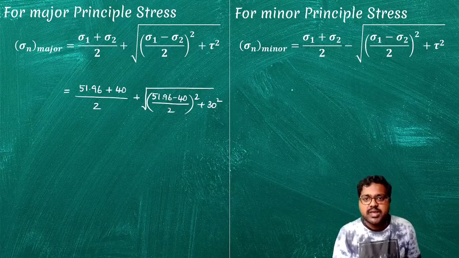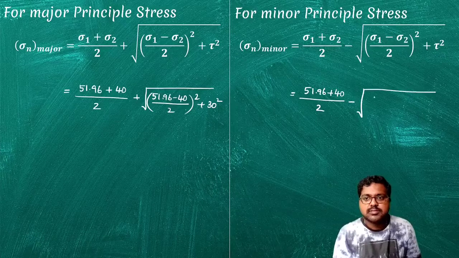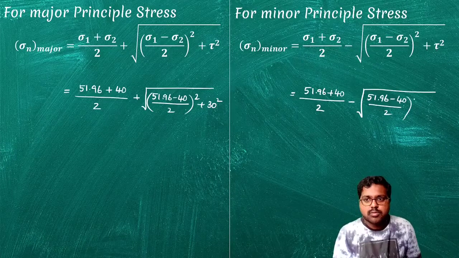In the same way, sigma n minor equals 51.96 plus 40 by 2 minus under the root of (51.96 minus 40 by 2) whole square plus 30 square.